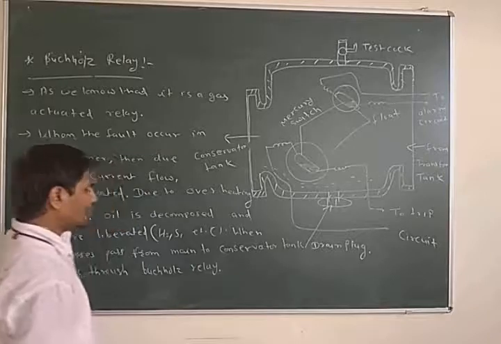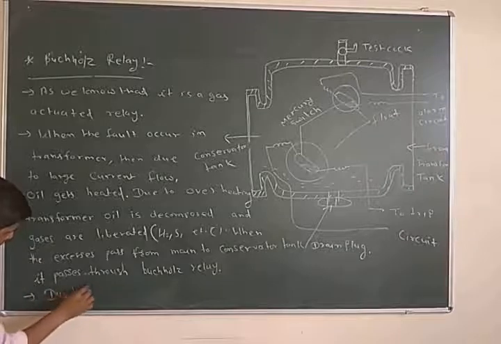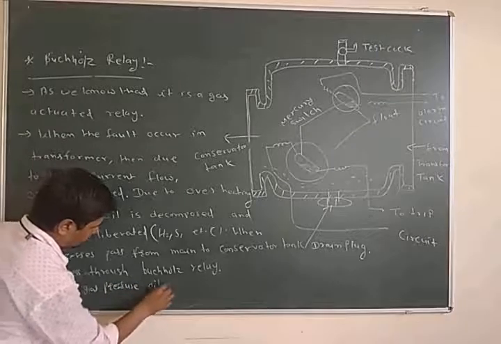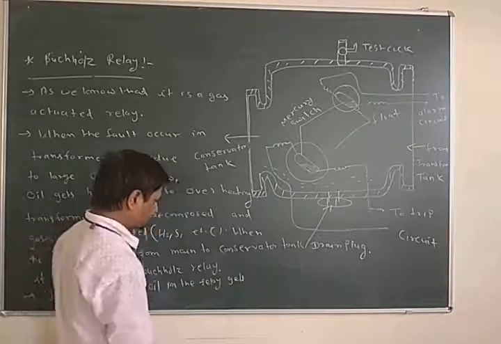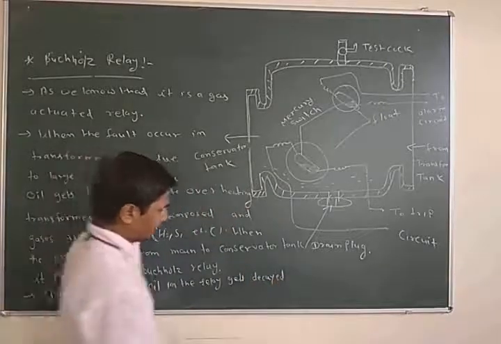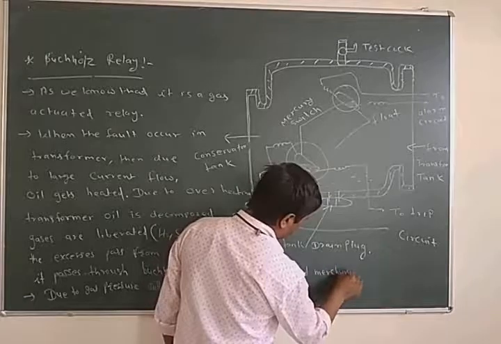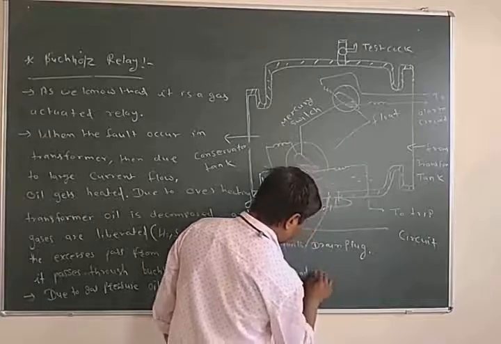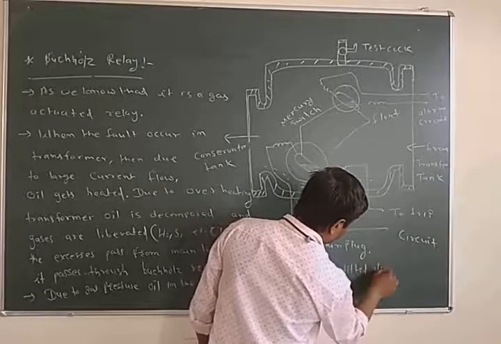Now, due to gas pressure, the oil in the relay gets decayed and the mercury switch slowly tilts downward.